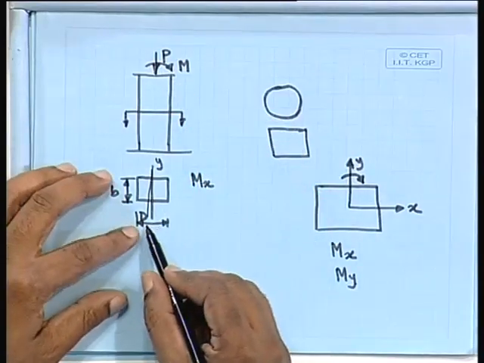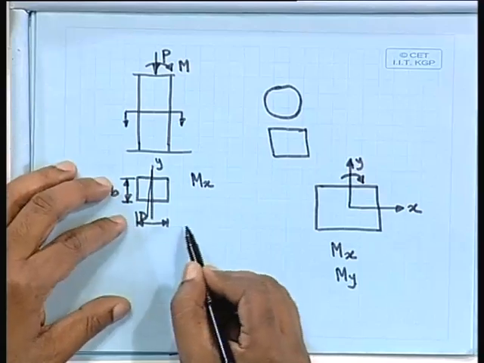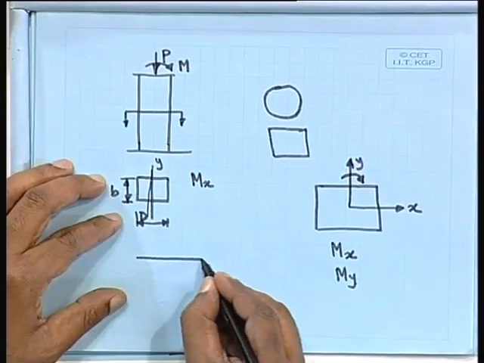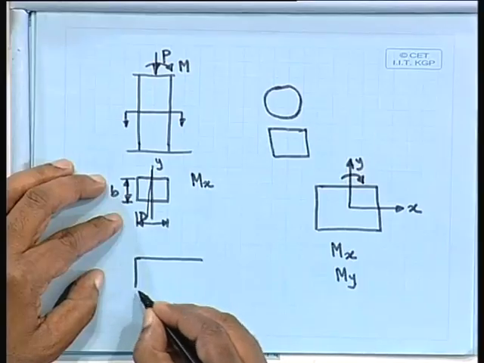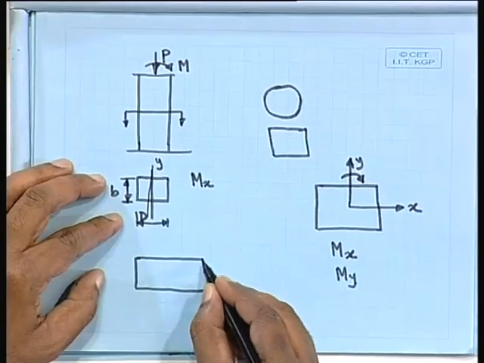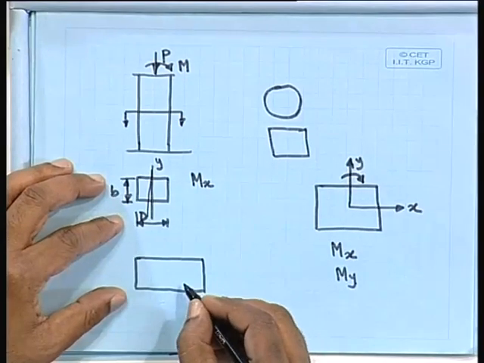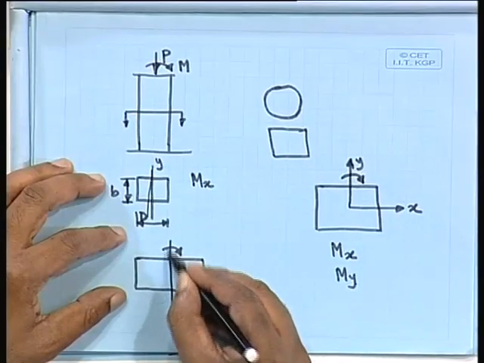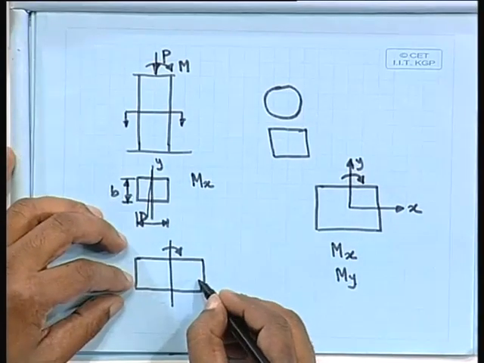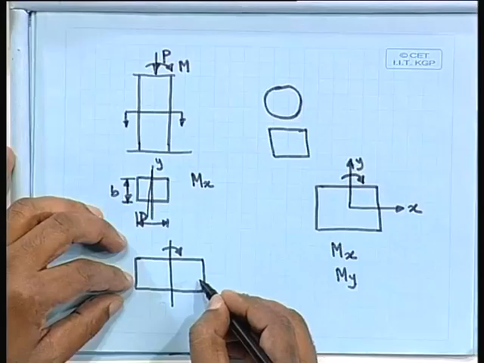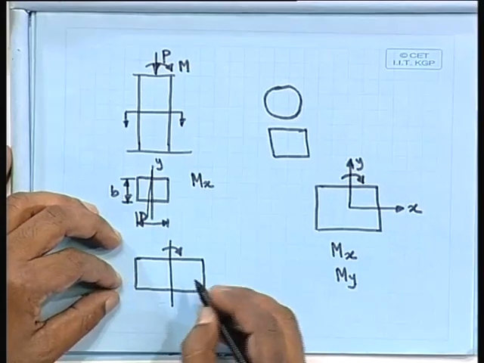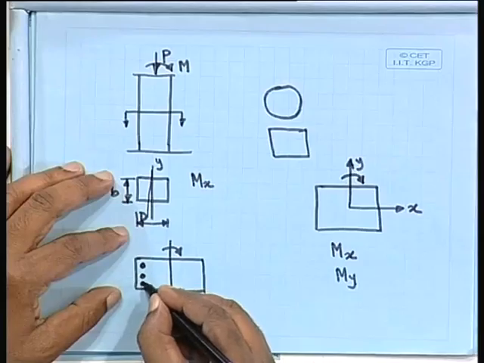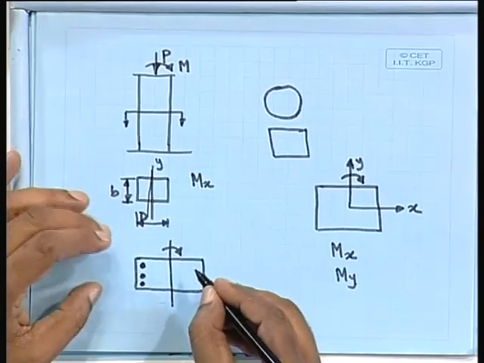So, we can increase the depth. It may be preferable to use a rectangular shape rather than square, because we have to resist this moment. Obviously this depth should be more, and we can provide the reinforcement along this only, because then we get the maximum benefit.